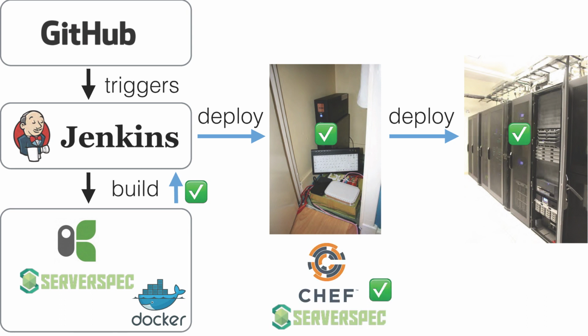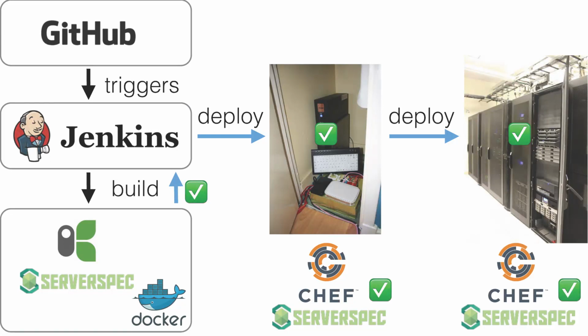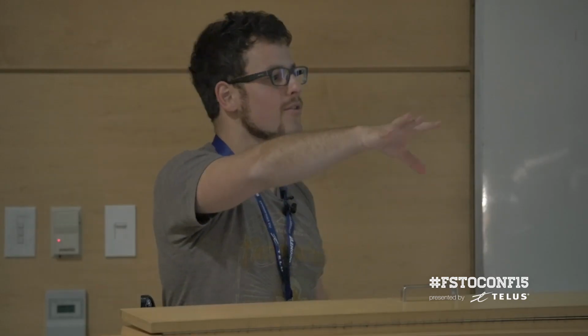But then you run this audit mode or ServerSpec with SSH, and your test passes. So now you have the confidence: I deployed to dev, it converged, so theoretically it's there, and my tests are passing too. So now I can move fast and hopefully not break things in development, in production.